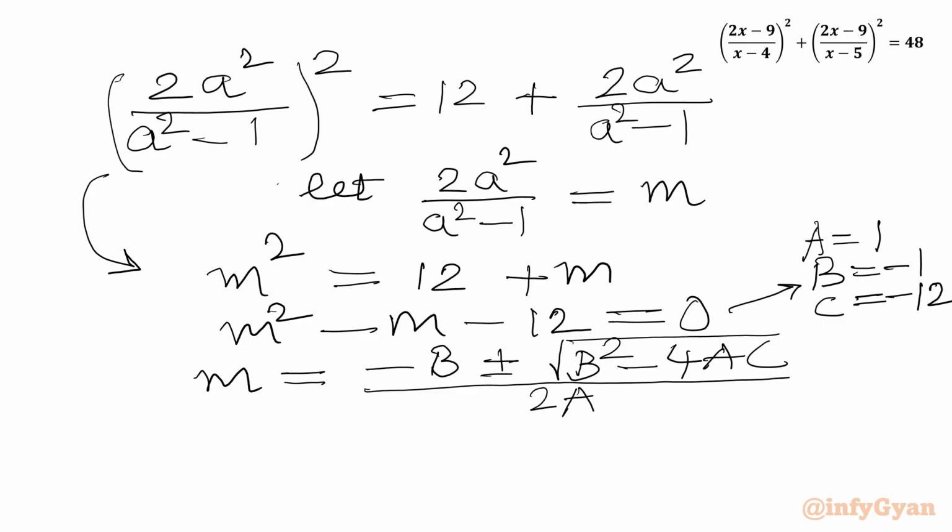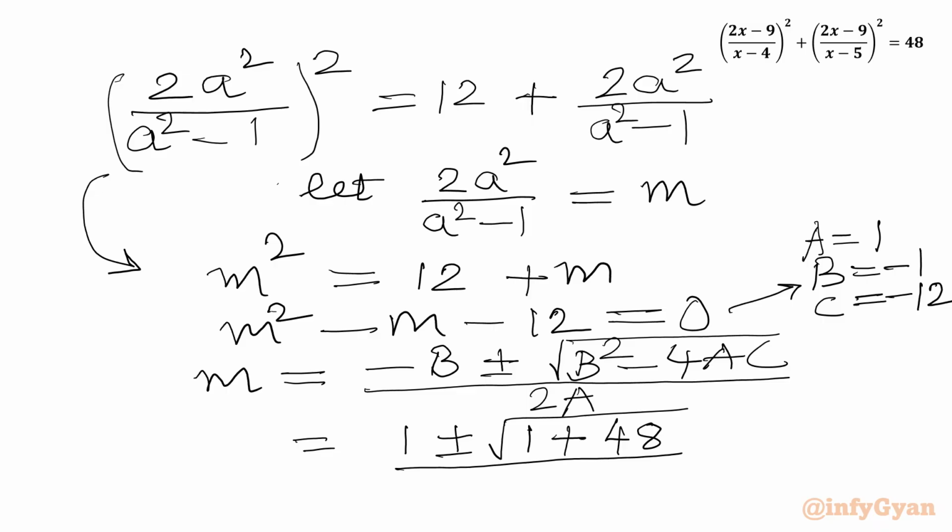Let's apply the values. We will get minus of minus 1 is plus 1, plus minus the square root of (minus 1) squared is 1, minus 4 times 1 times minus 12 will give us plus 48, divided by 2 times 1, so 2. This will be equal to 1 plus minus the square root of 49 over 2.